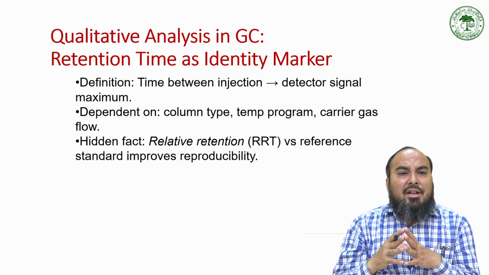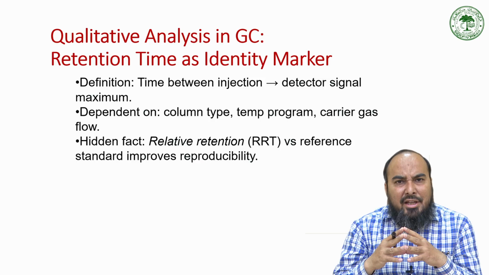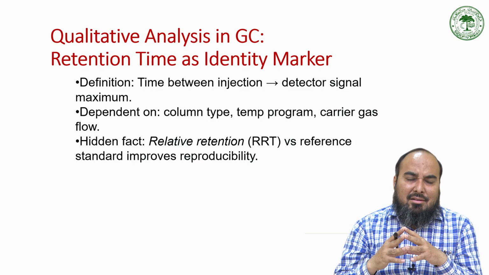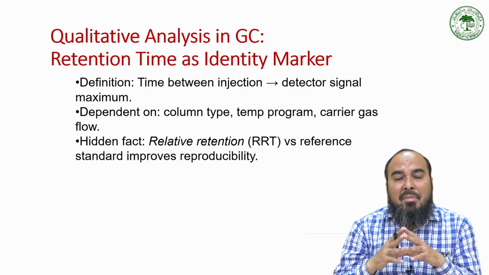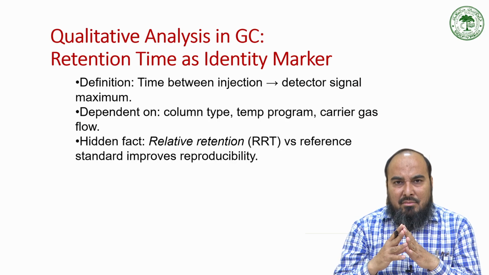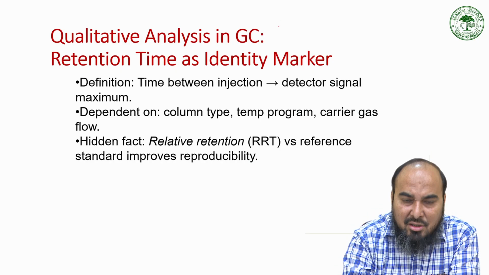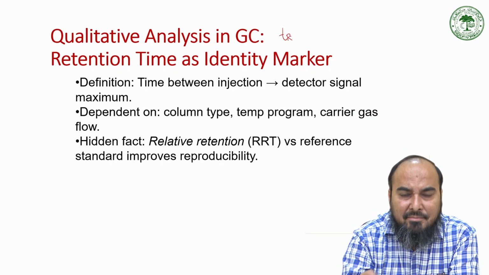Okay, so qualitative analysis in GC and the retention time as the identity marker. As I have already explained, it is the TR, that is the retention time, which is the main marker, and that can be measured directly from the chromatogram. Because you cannot measure other quantities. You can measure TR, retention time.